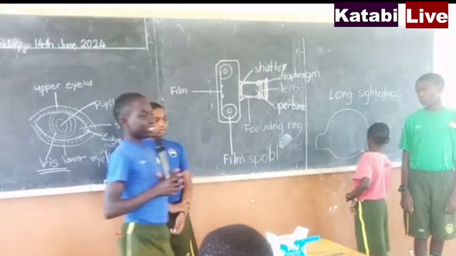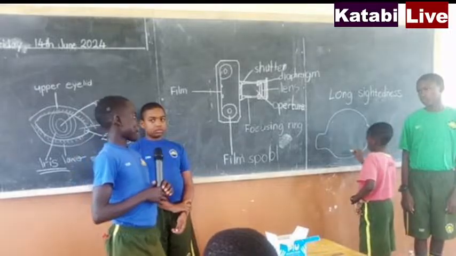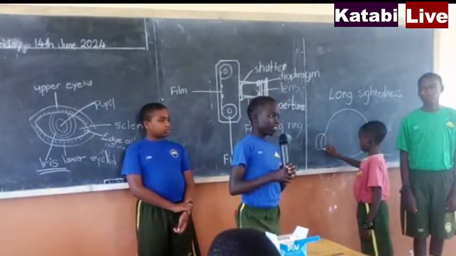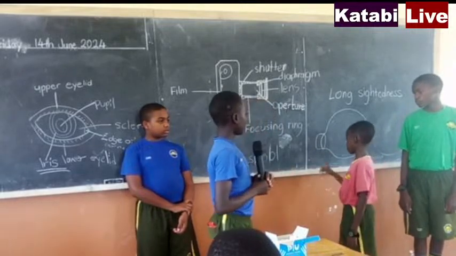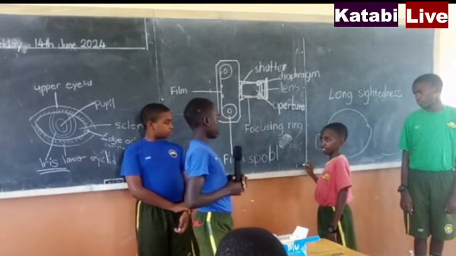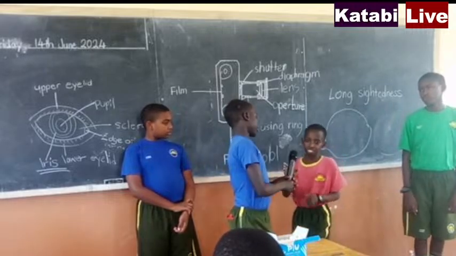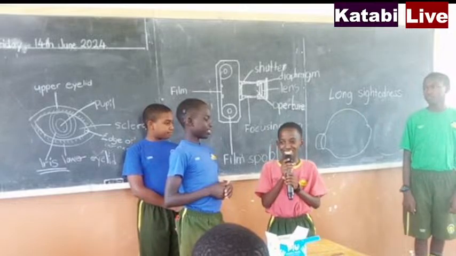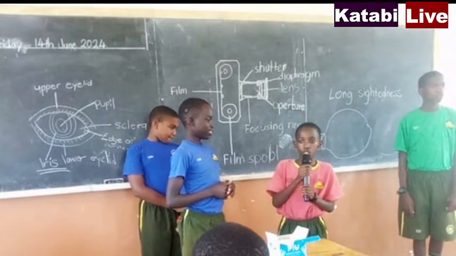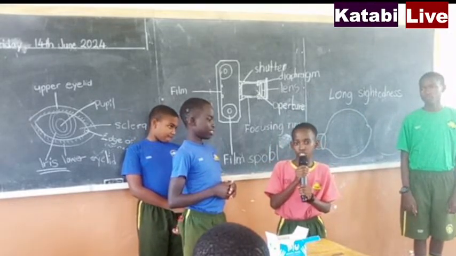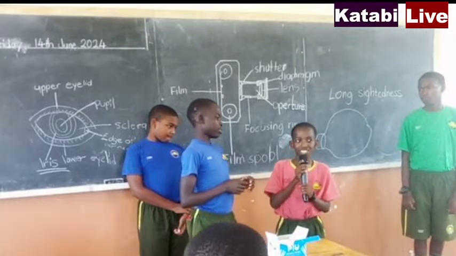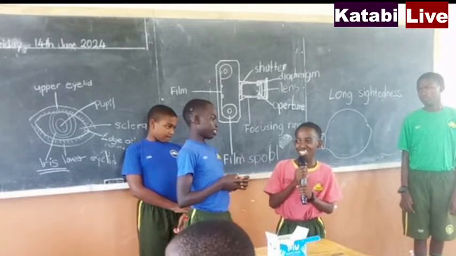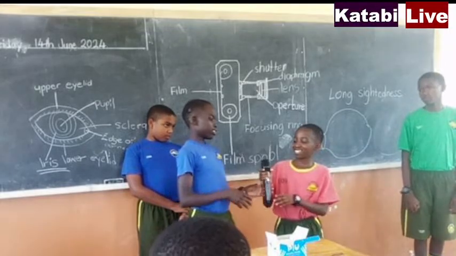What causes short-sightedness? Eric, anything? One cause of short-sightedness is having long eyeballs and having thick lenses.